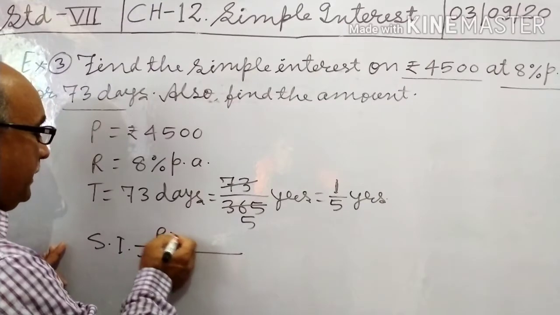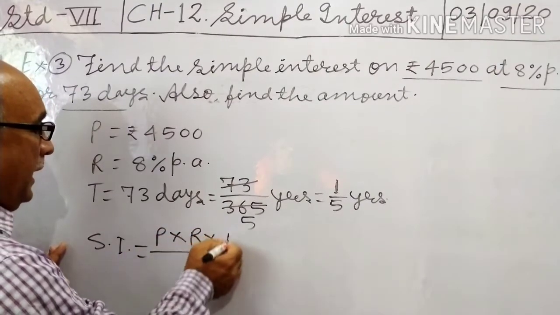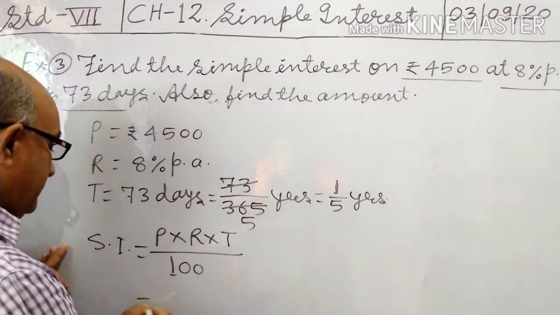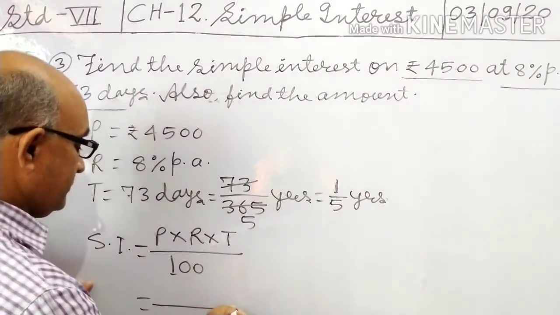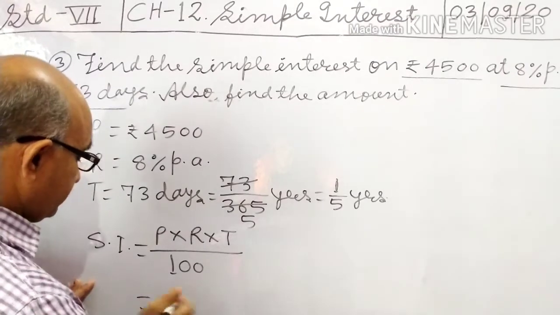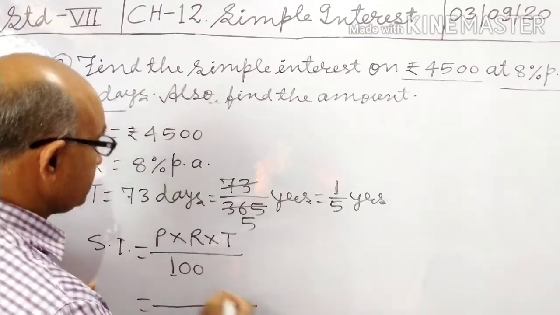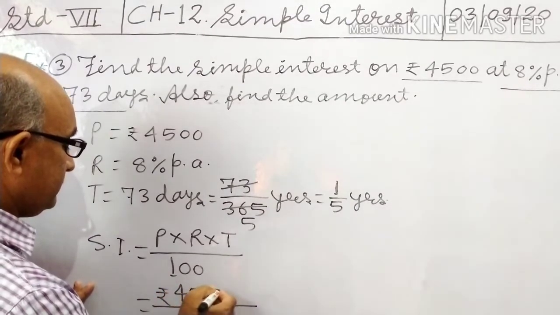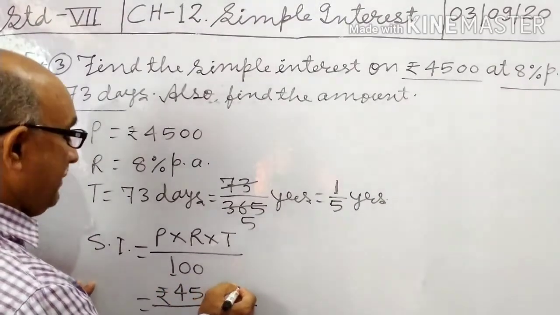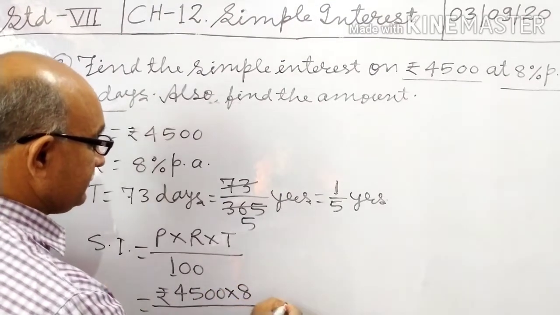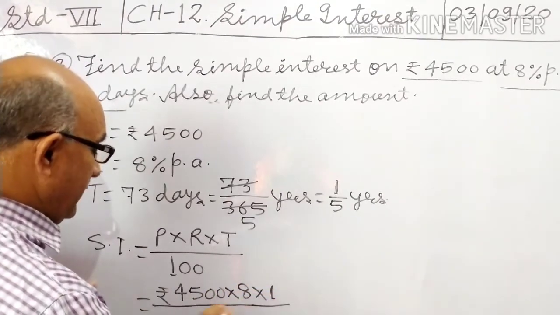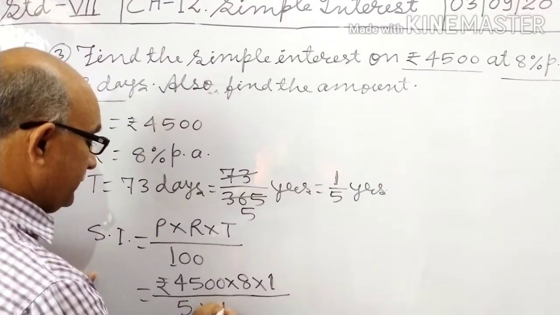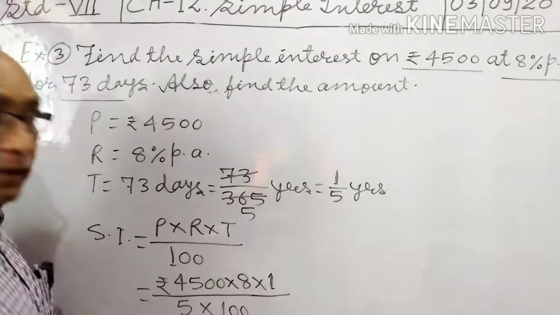Now find first of all SI. SI equal to P into R into T by 100, equal to P rupees 4,500 into R 8 into T 1 by 5 into 100 divided by 100.